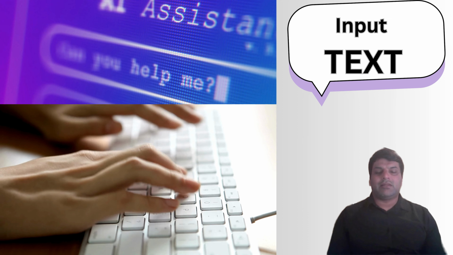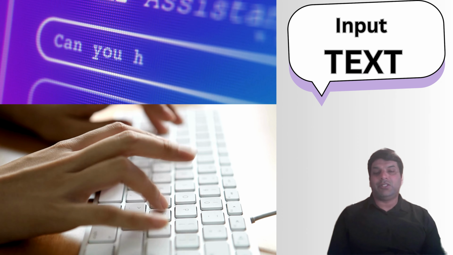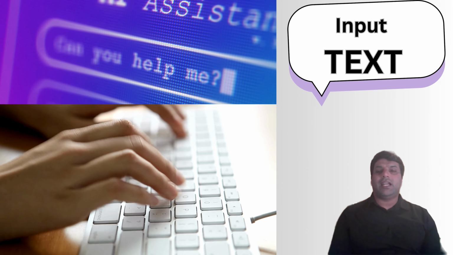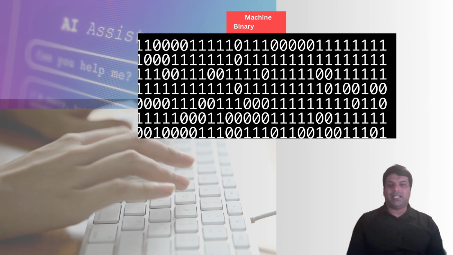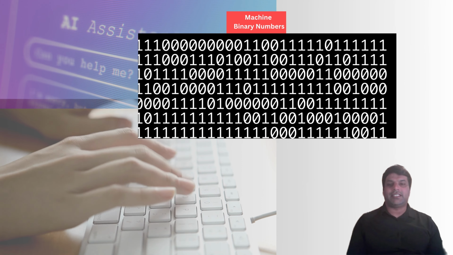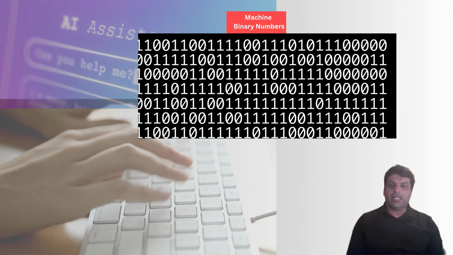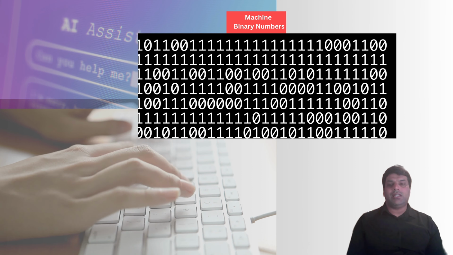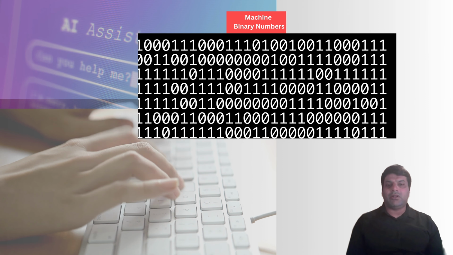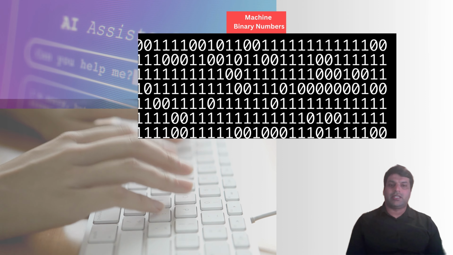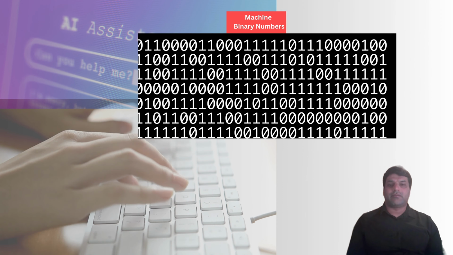While we communicate in text, machines don't understand text the way we do. Machines understand only numbers. In machine learning and deep learning, all the data, including text, has to be converted into numbers. Why? Because computers understand binary language and machine learning models are built on maths. They can only process numeric data.